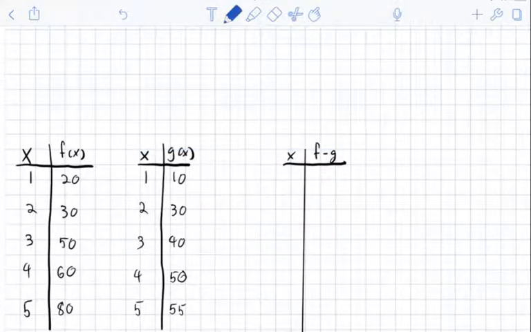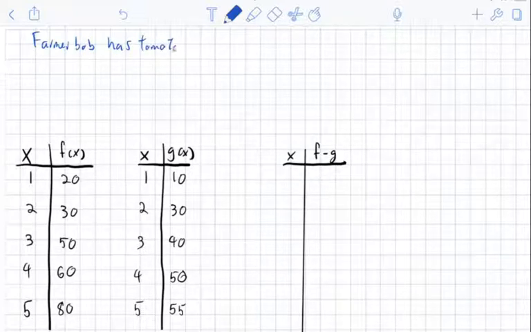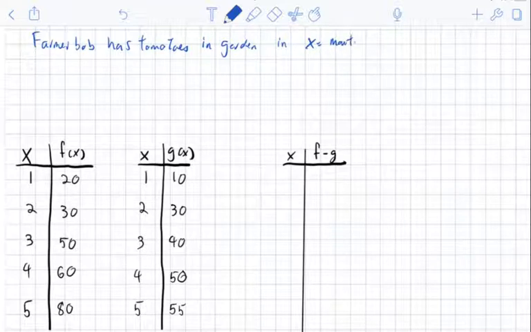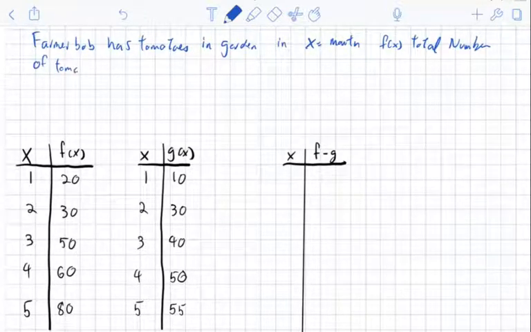So, Farmer Bob has tomatoes in his garden. If x is the month, f of x is the total number of tomatoes grown to date.